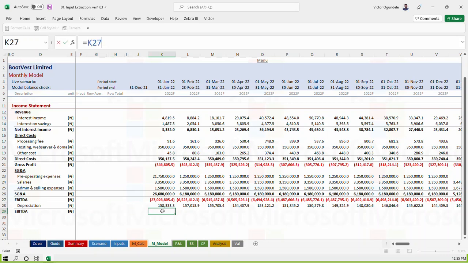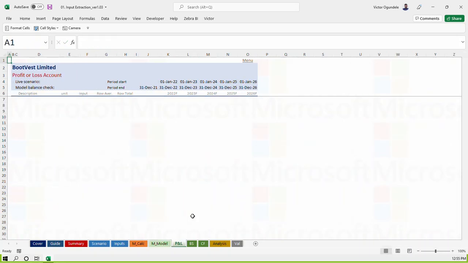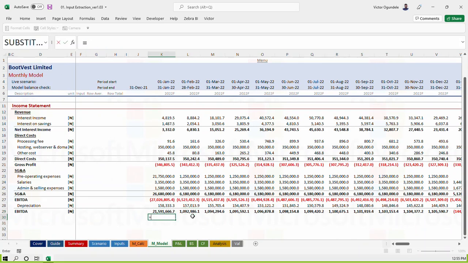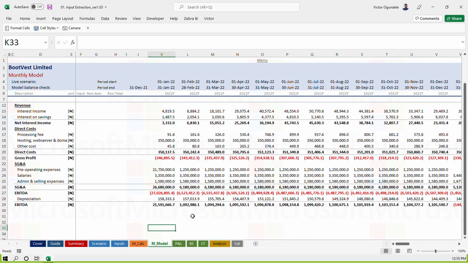So this will be equal to our... okay, what happened? EBIT. No, we need EBIT. What's happening? Excel, don't act up. Okay, good. So equal to EBITDA minus depreciation.